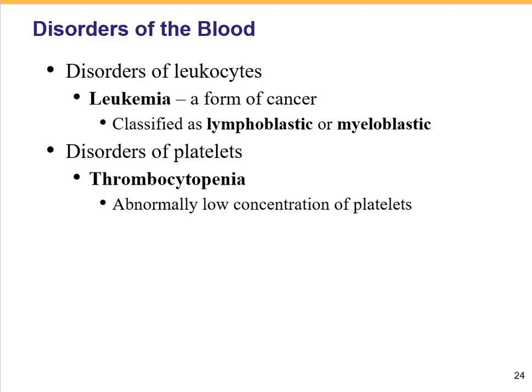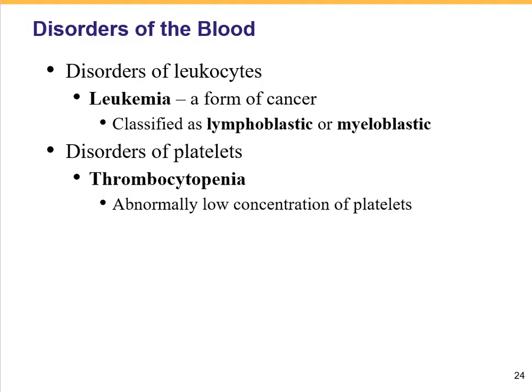There is another disorder of blood related to the platelets, which is called thrombocytopenia. Thrombocytopenia is a disorder characterized by an abnormally low concentration of platelets in the blood. We learned that platelets are crucial for blood clotting, so a low platelet level can result in an increased risk of bleeding or easy bruising.